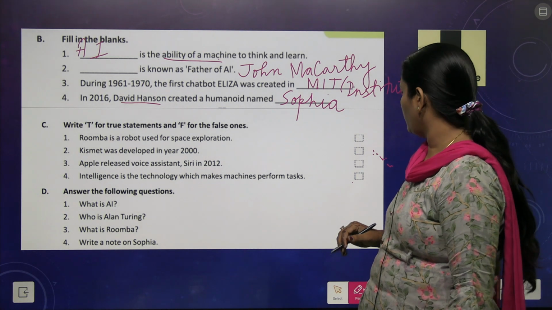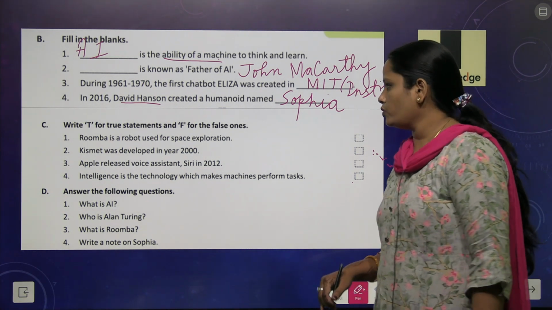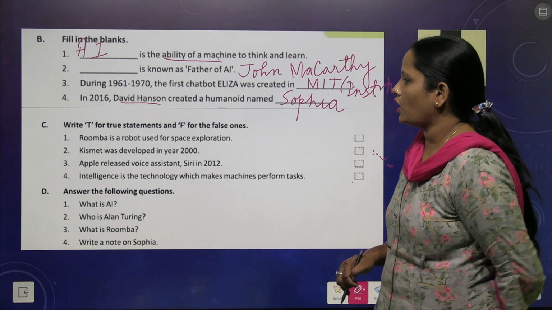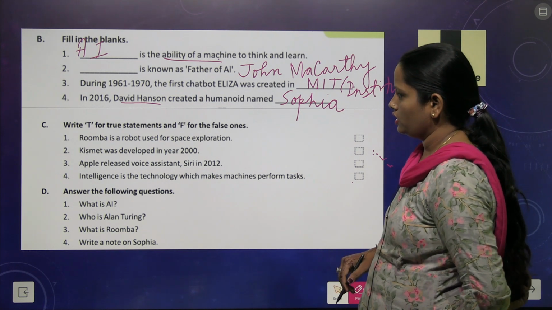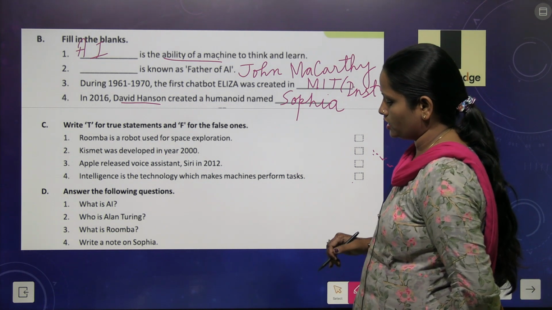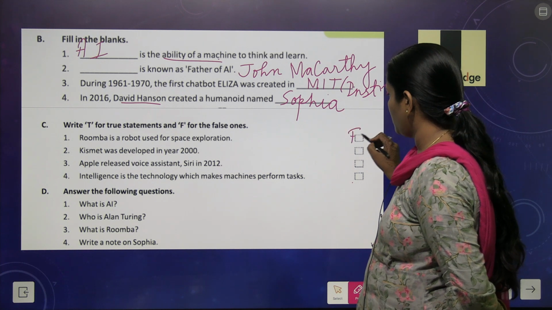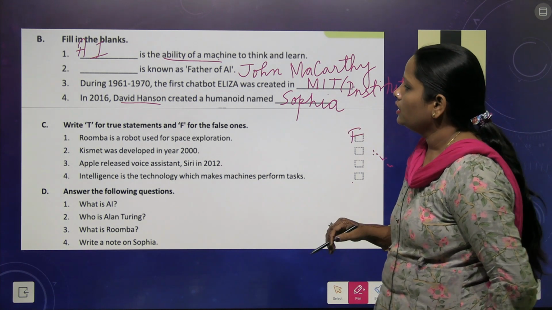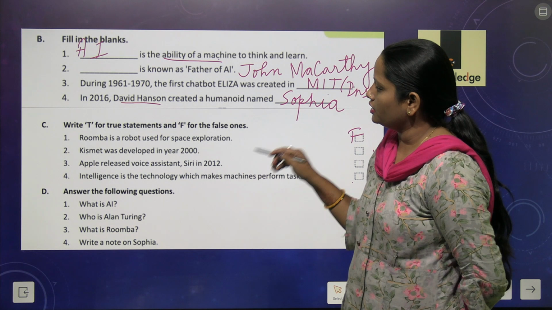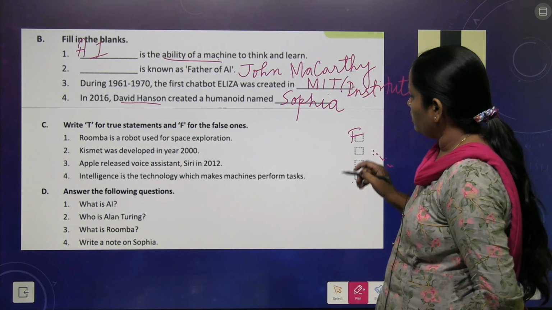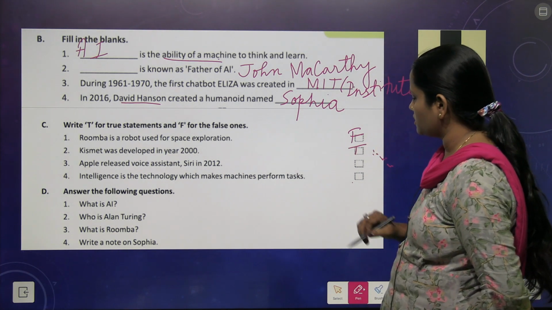Okay. Now let's come to true and false. Roomba is a robot used for space exploration. No, it is a vacuum cleaner. Kismet was developed in the year 2000. Yes, it is correct.